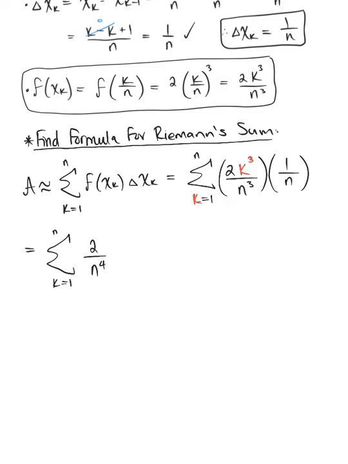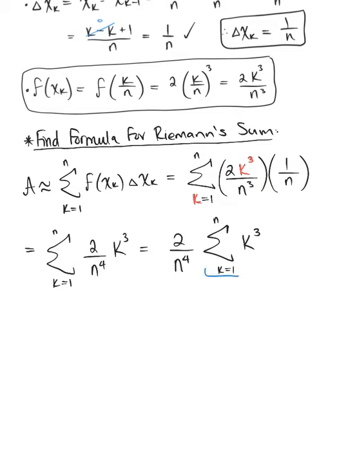Those are constants multiplied by k cubed. So thinking back to the algebraic properties of finite sums, we can pull that constant 2 divided by n to the 4th out in front of our summation. So I have 2 over n to the 4 multiplied by the sum from k is 1 to n of k cubed. And we're excited.